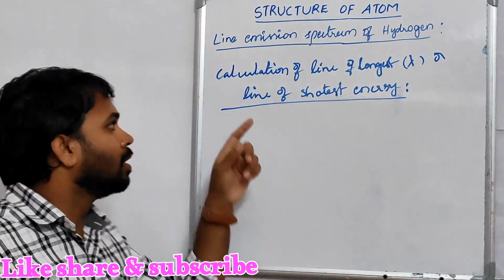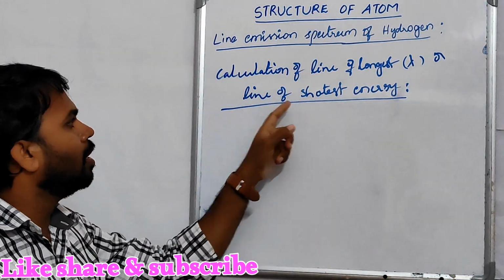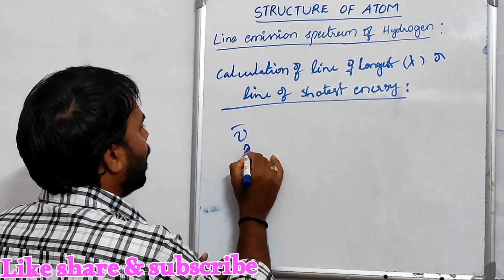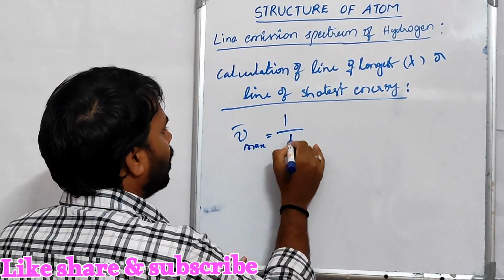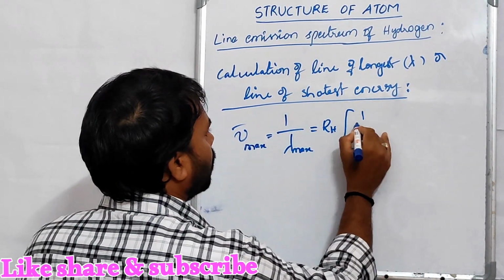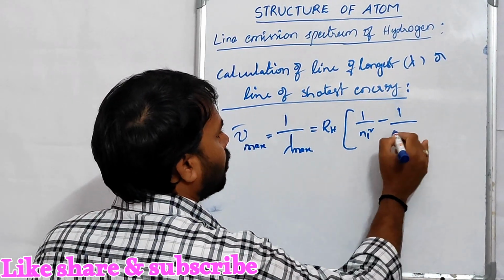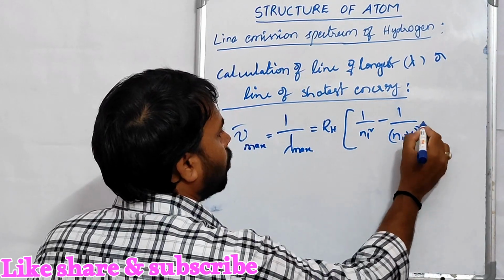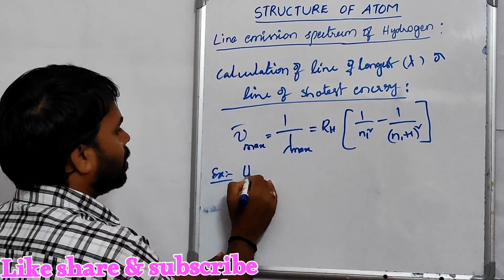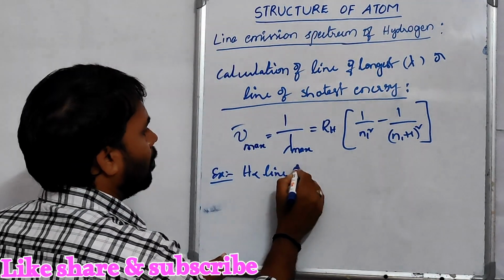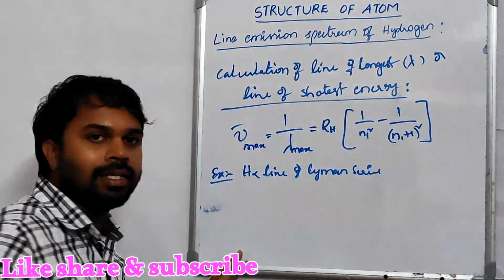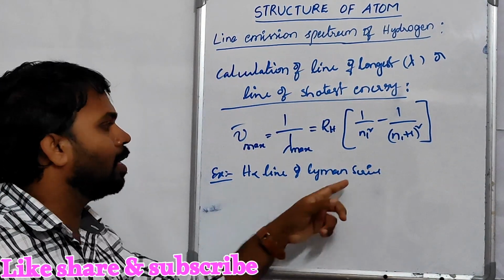Now come to the calculation of the line of longest wavelength or line of shortest energy. For that we have a formula. Nu bar max equals 1 by lambda max equals RH into 1 by N1 square minus 1 by N1 plus 1 whole square. For example, the H alpha line of the Lyman series. Electron makes a transition for the H alpha line of the Lyman series.